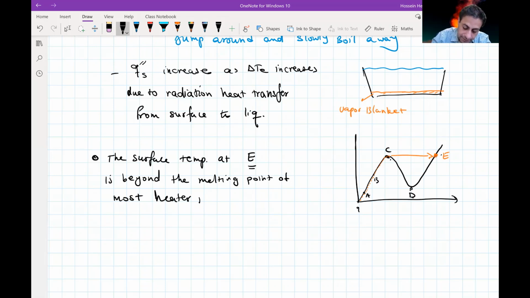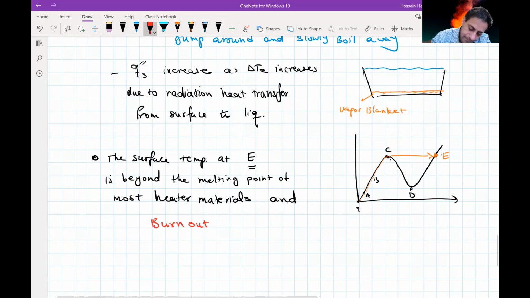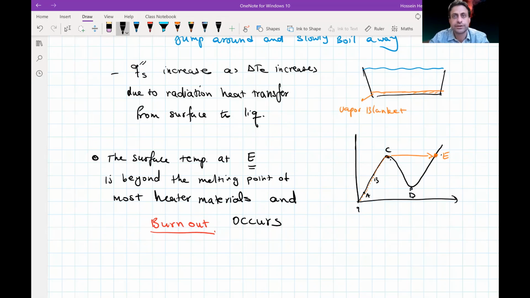So most heater materials, if you pass this q max and increase the flux, we are going to see the rise in the surface temperature, and what you're going to see is burnout occurs. So that's something that you're really going to avoid.